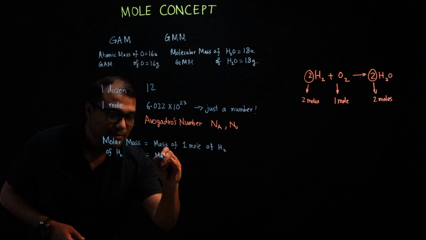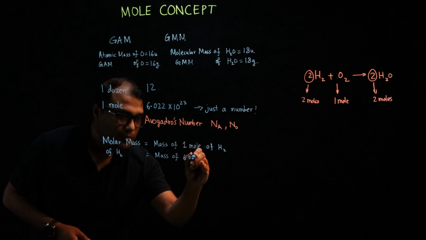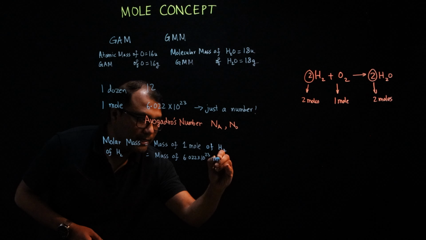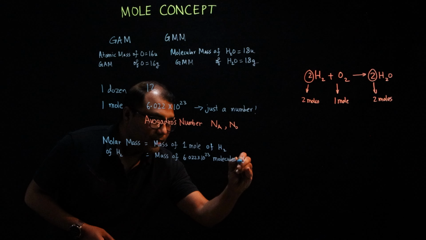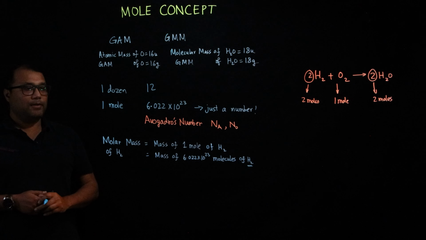We can also write mass of 6.022 into 10 to the power 23 molecules of H2. Why molecule? Because H2 is a molecule, right?